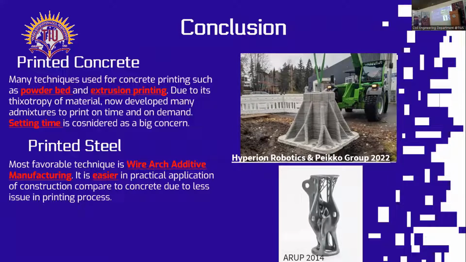So you can make any geometry that you want and optimize your material. How can we optimize it? Of course, you can do simulation using finite element analysis. This will be the best way to produce the best materials in construction and reduce the amount of material used in construction.